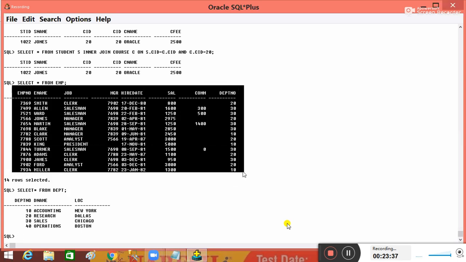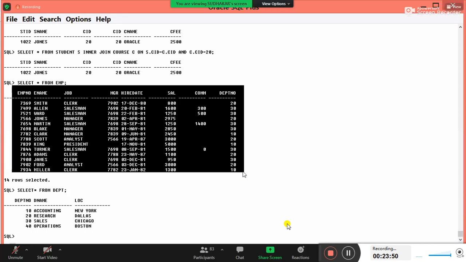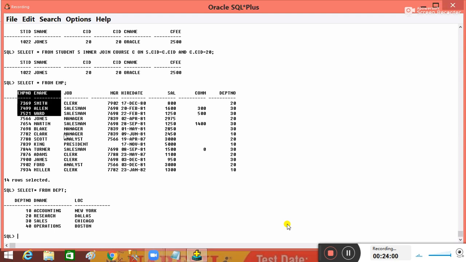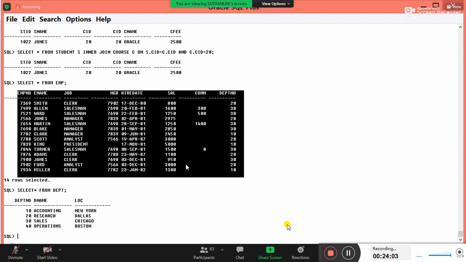In the EMP table, we have employee details, and in the DEPT table, we have department details. In the EMP table, employee information was there, but there is no location column in this table.